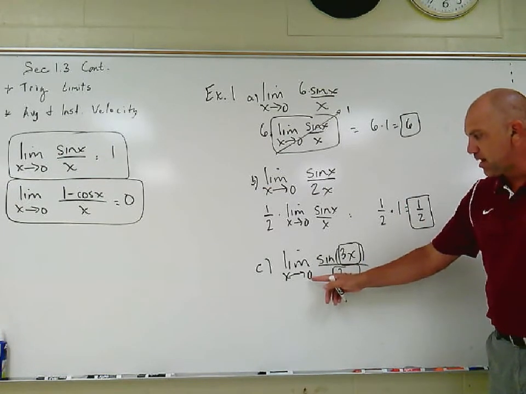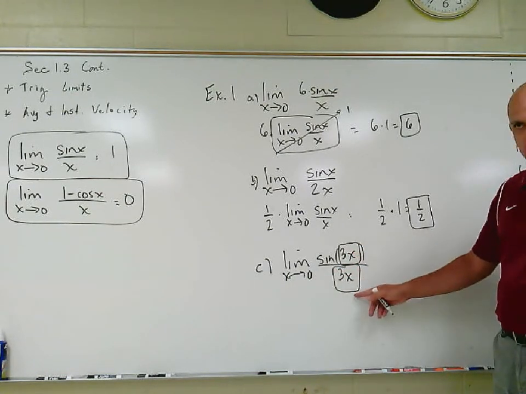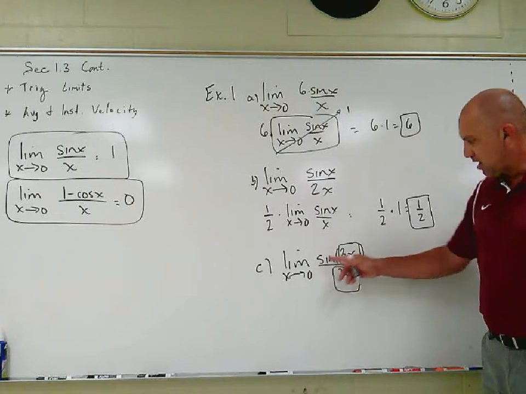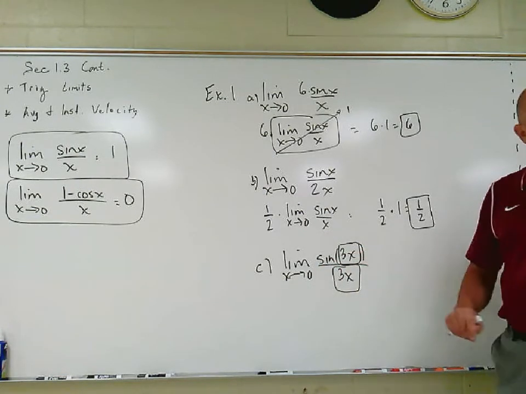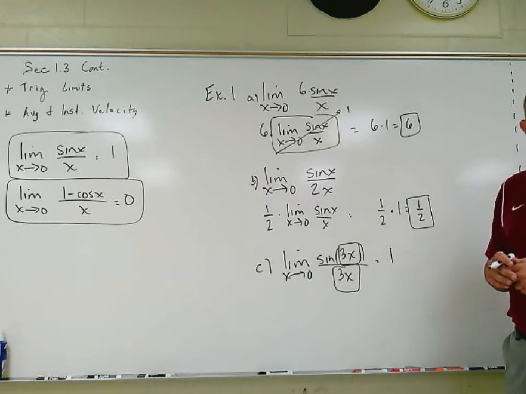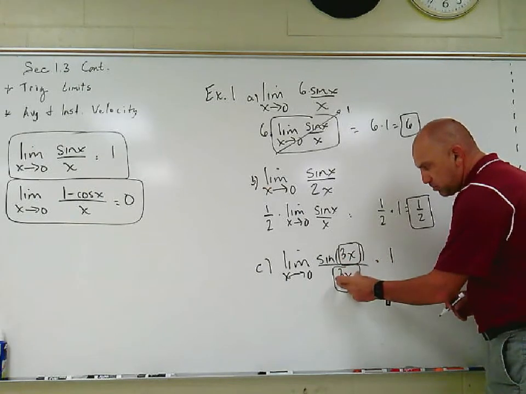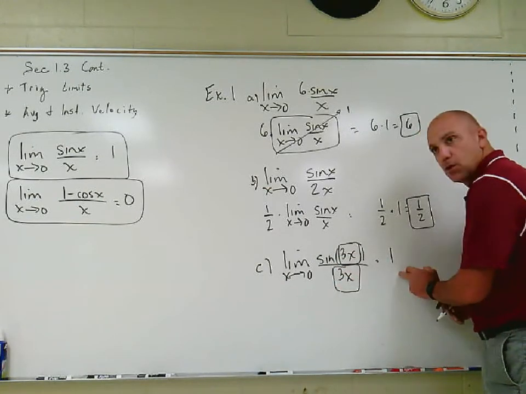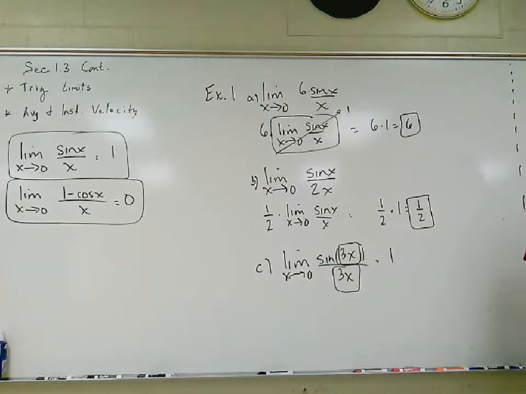So what I mean by that is, when I plug in a 0.1, it's going to be sine of 0.3 over 0.3. Sine of 0.03 over 0.03. As long as the inside and the bottom approach 0 at the same rate, this one still equals 1. It doesn't change because the inside and the bottom match up. Those threes don't cancel, but it just approaches at the same rate. It still goes to 1.